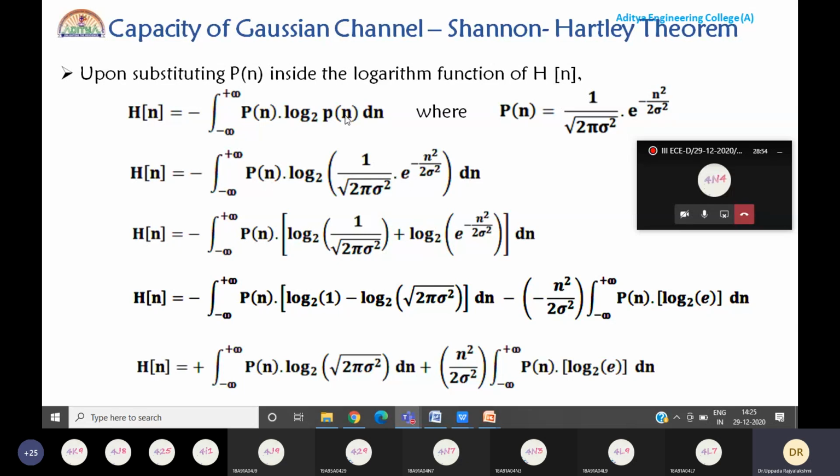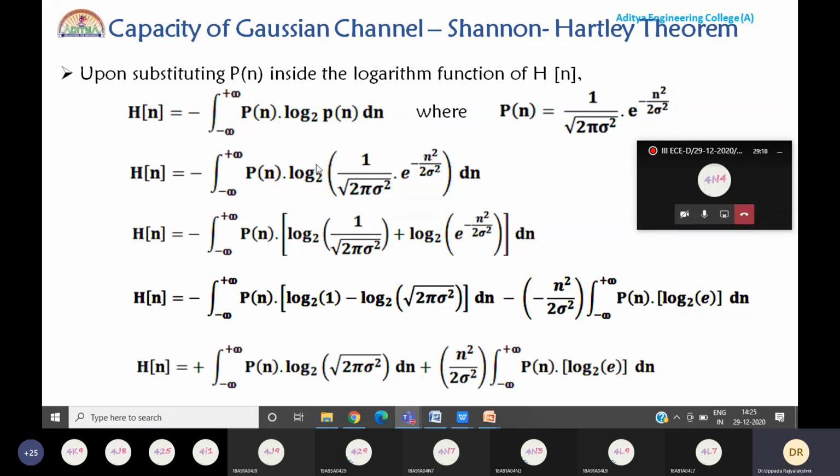Okay. So instead of substituting the P of n value outside the logarithm, please substitute it inside the logarithm. So H of n will be minus integral from minus infinity to plus infinity of P of n into log of 1 by root 2 pi sigma square plus log e power minus n square by 2 sigma square dn.